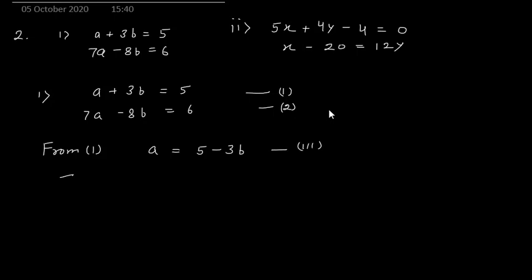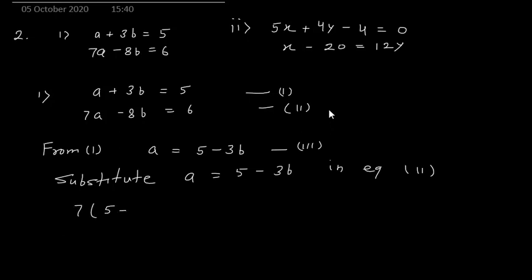Now I have to substitute a equal to 5 minus 3b in equation 2. So when we substitute, in place of a we write 5 minus 3b in 7a minus 8b is equal to 6.